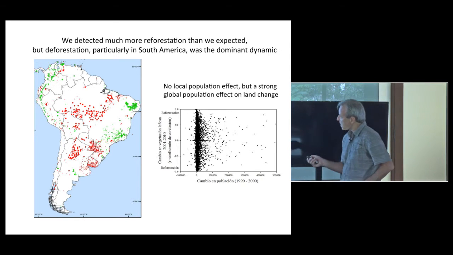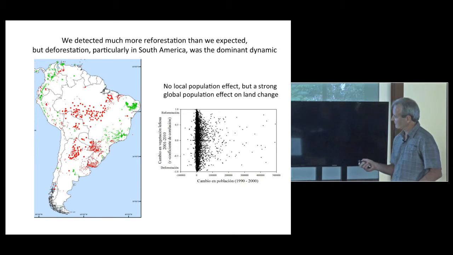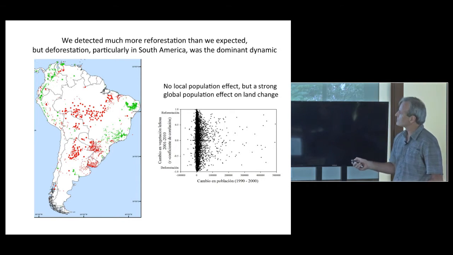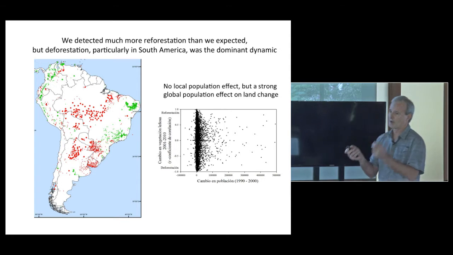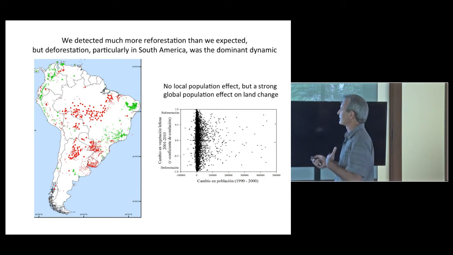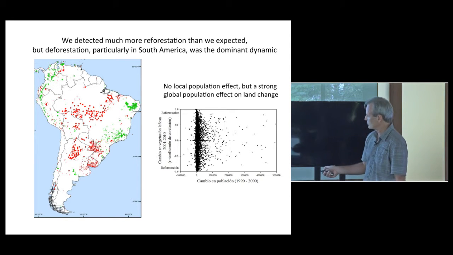In this figure here, what we had set out to look for originally is what was the relationship between the population in these 16,000 municipalities and land use change. And you could have expected that here we have change in population, so this would be a decrease, here's an increase.